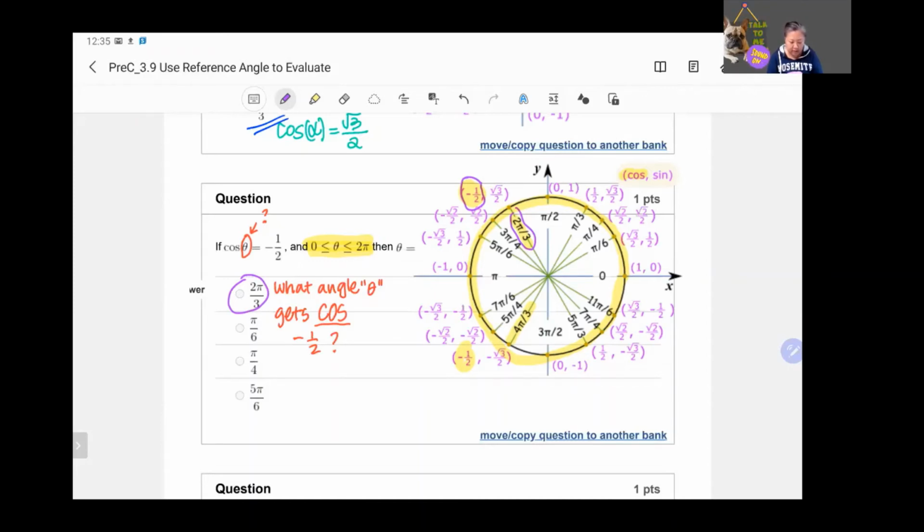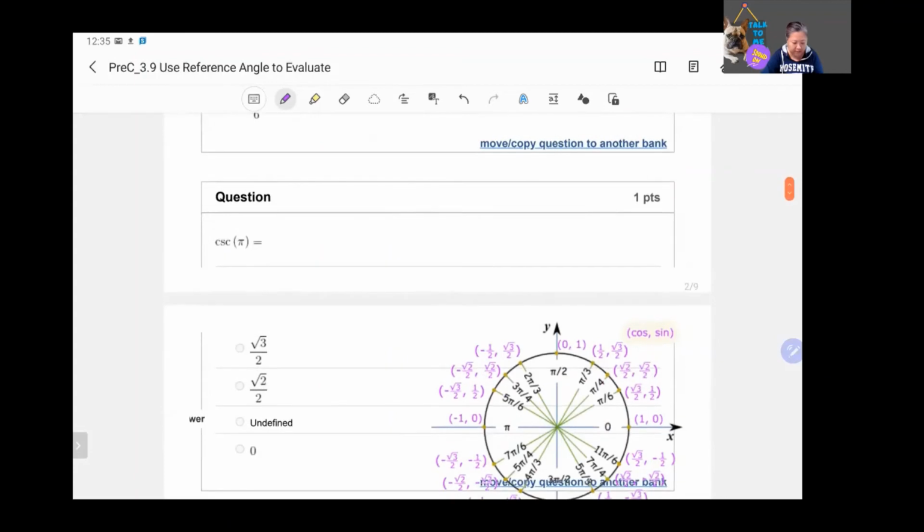But if we had 4 pi/3 as an answer choice and they said select all that apply, then you would have to provide 4 pi/3 as well. Okay? Question? Good?